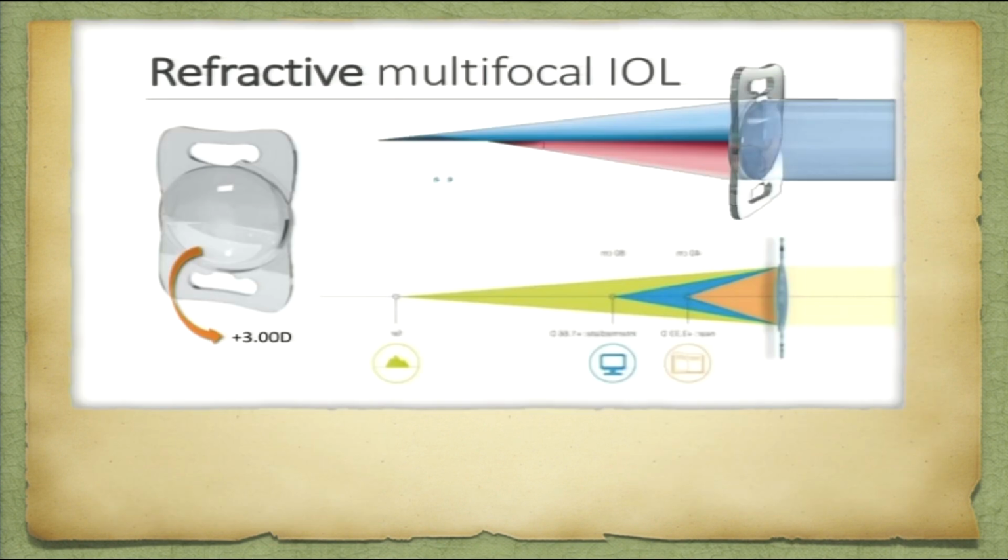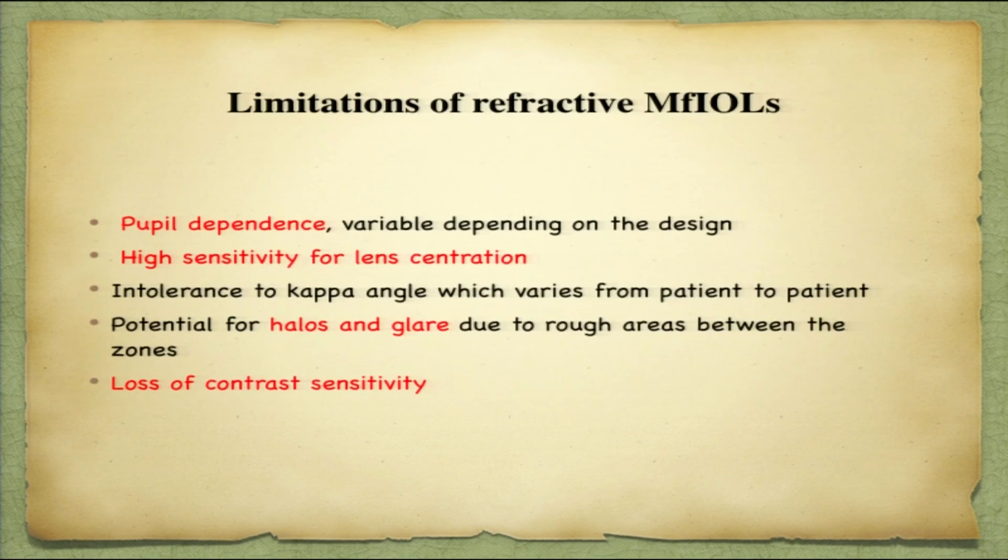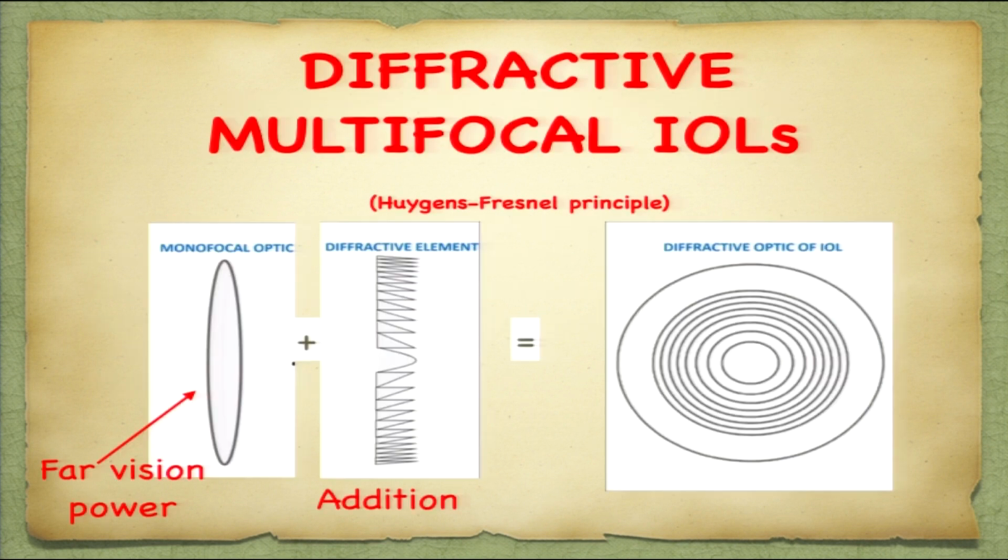This is a rotationally asymmetrical IOL where the near add is on the inferior half. One limitation of refractive multifocal IOLs is that they are pupil dependent, with high sensitivity to lens centration, and the usual problem with all multifocals, because the light rays are divided: halos, glare, and loss of contrast sensitivity.